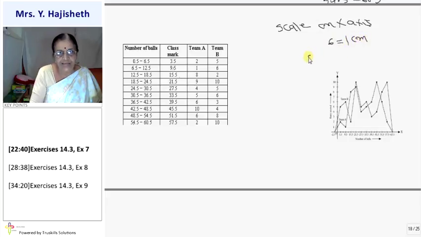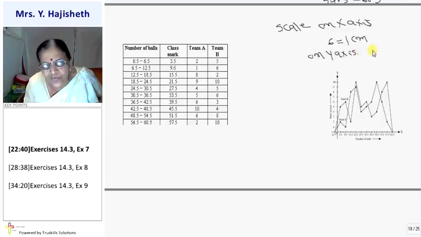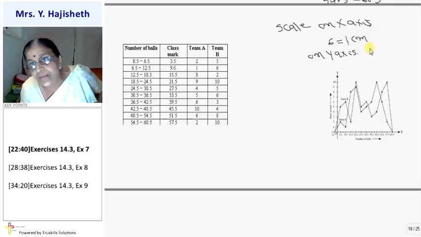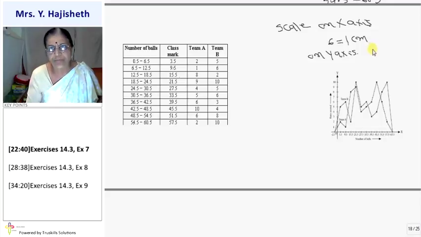And on the y-axis, what are we taking? 2 is equal to 1 centimeter. Starting from 2, up to where do we have to go maximum? 1, 2, 3, 4, 5, 6, 7, 8, 9, 10. 1 is 1 centimeter. Okay?